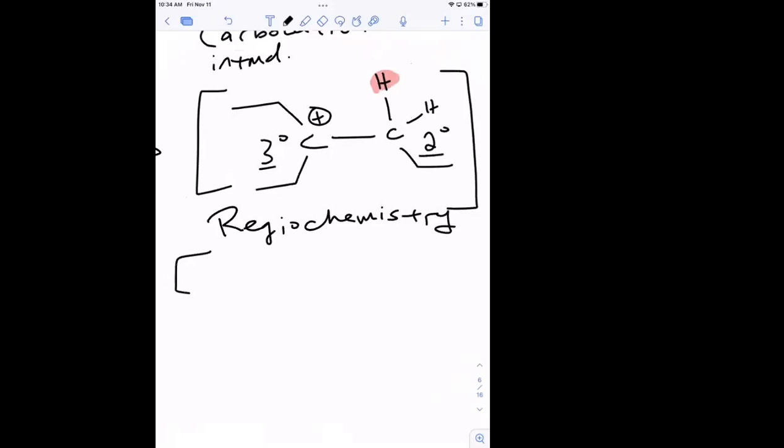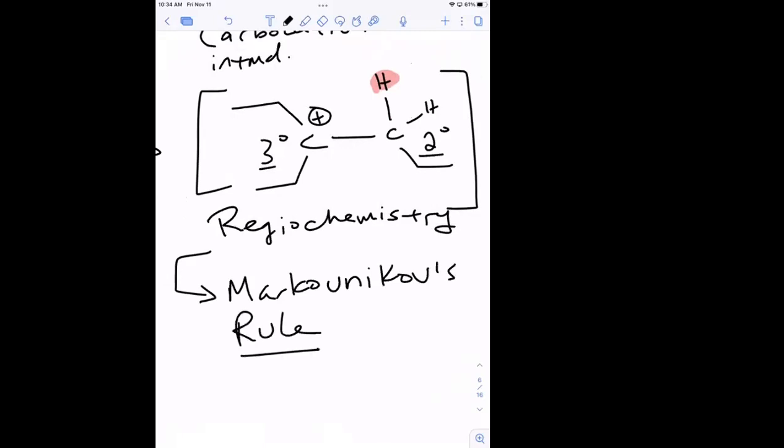This actually follows what we call Markovnikov's rule. I'll give you time to write that down. That's a lot of syllables. Right, follows Markovnikov's rule.